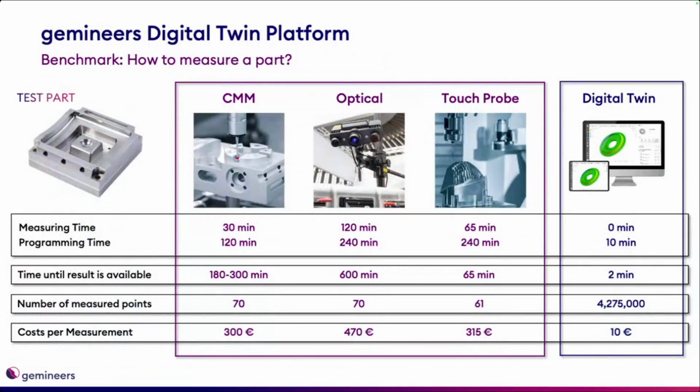Also programming time is just the setup of the part, and the time until the result is available. And also the costs and number of measured points are advantages. But it's still on the machine, so we still have the effect of the machine. So it's always about pros and cons when you do this on-the-fly evaluation on the machine.